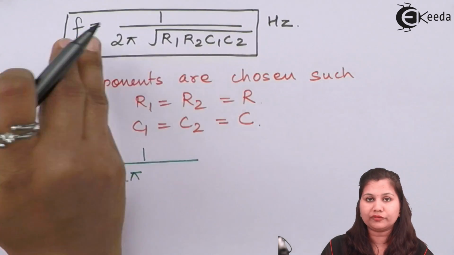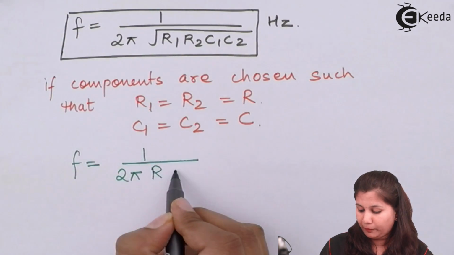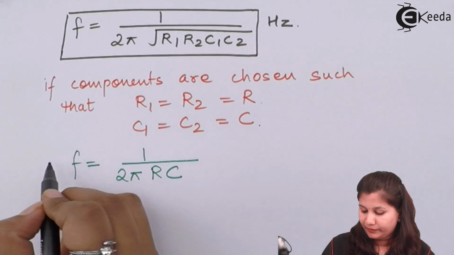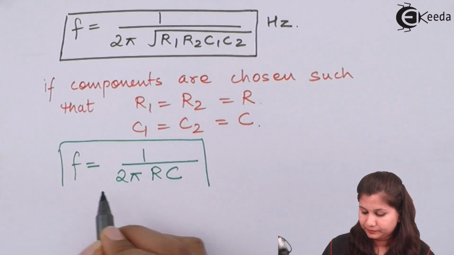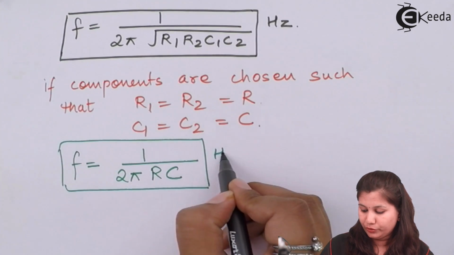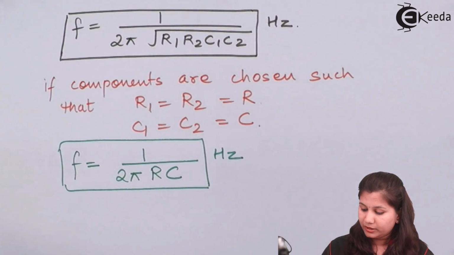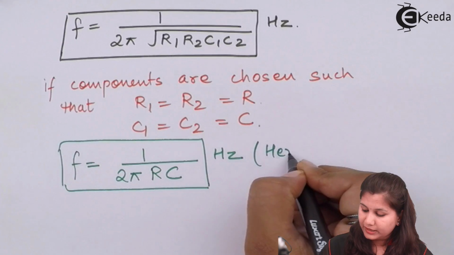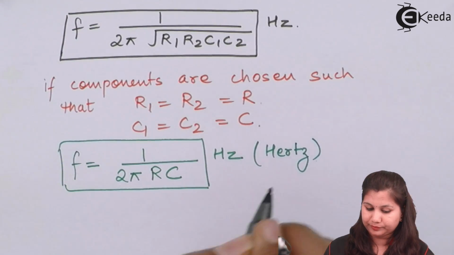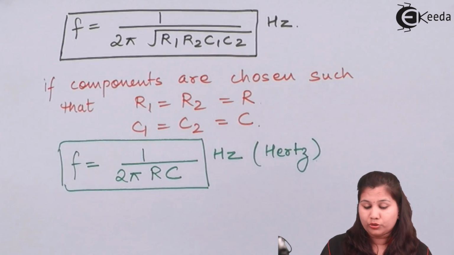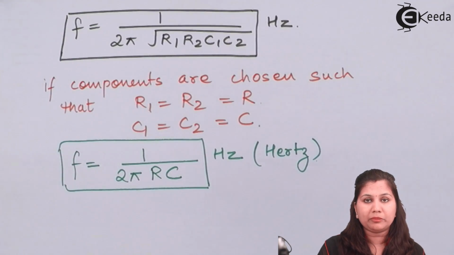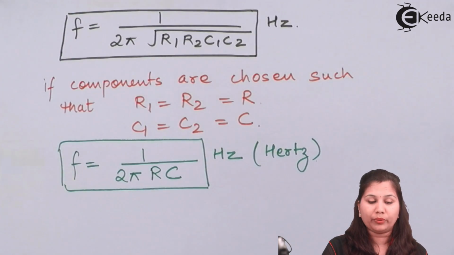Bringing it out of the square root, it becomes 1 upon 2 pi RC, and its unit is hertz, represented as Hz. So this is how the frequency can be measured with the help of the Wien's bridge.